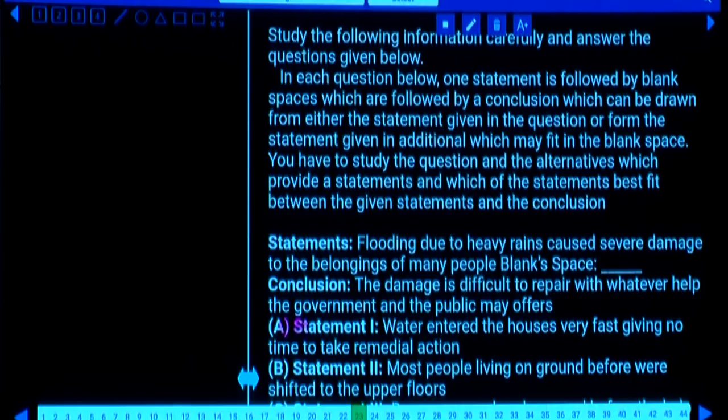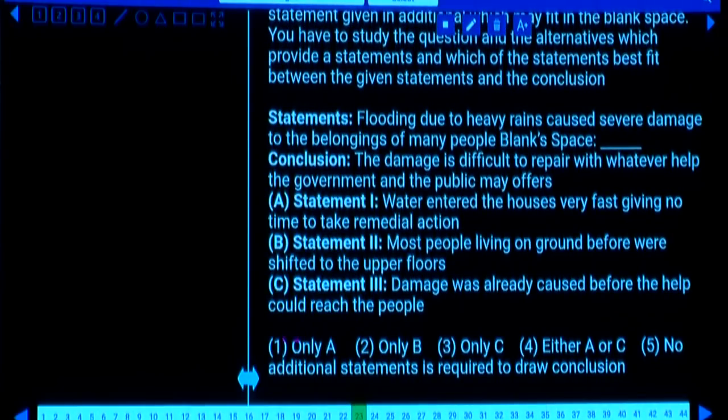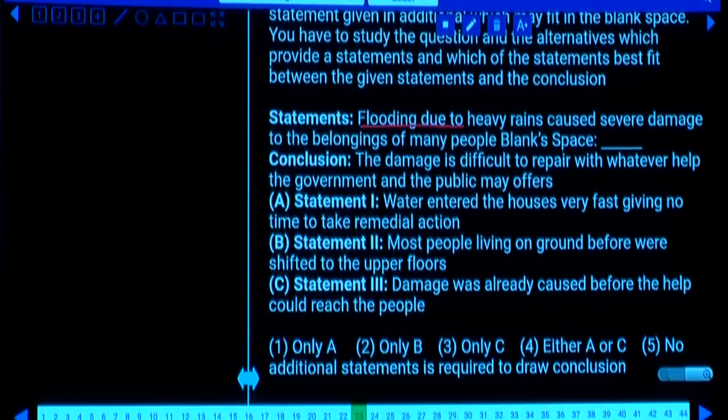Then question number 23. Now in this question number 23, what is the information given here? Flooding due to heavy rains caused severe damage. It caused severe damage to the belongings of many people. And this is the statement. Now here, this is a blank space.